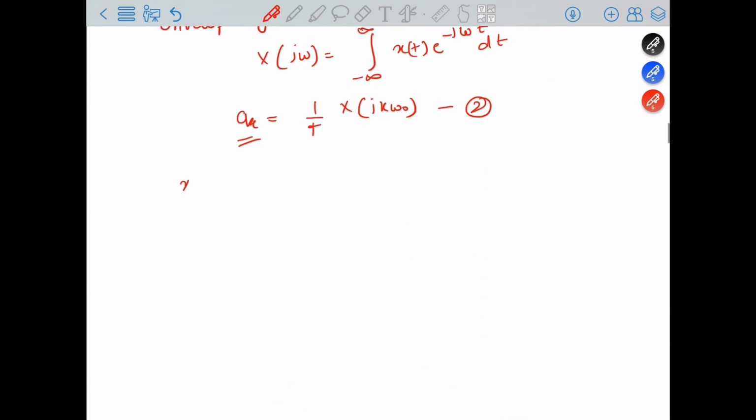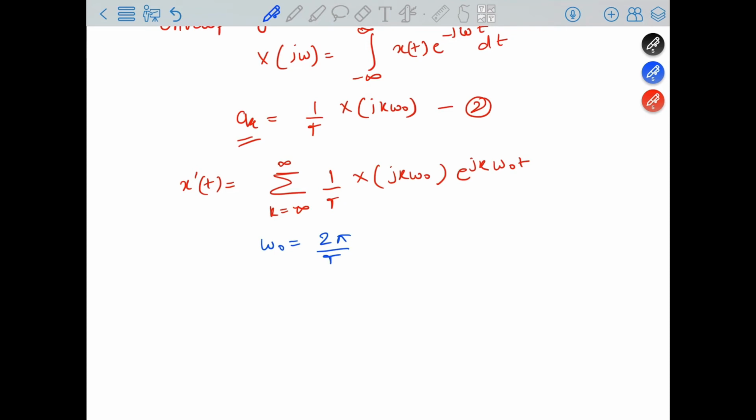We will get x'(t) as summation k equals minus infinity to infinity of 1 over T X(j k omega naught) e^(j k omega naught t), and here again omega naught is 2 pi by T. So, we can replace that.